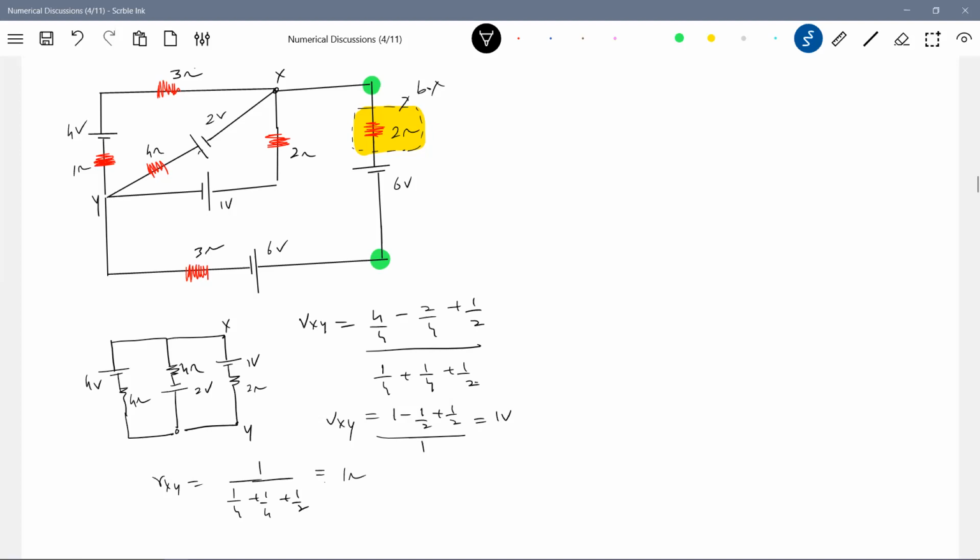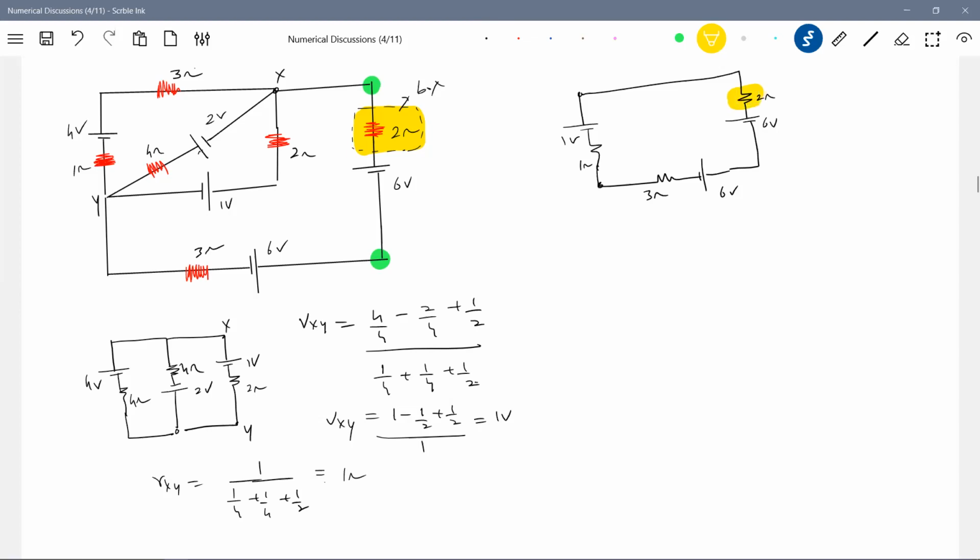So what is our next part of the circuit? This part of the circuit will be very simple. No need for further grouping of cells. Directly you can manage here: 1 volt, 1 ohm.